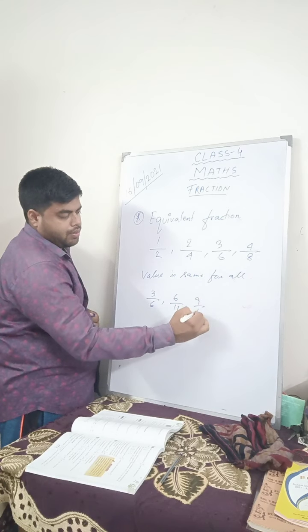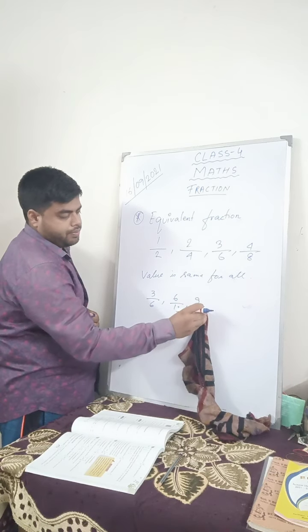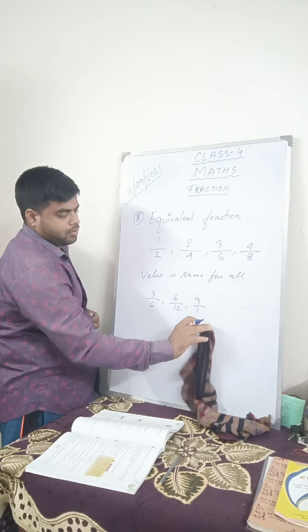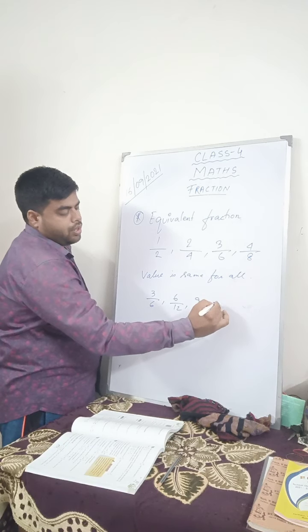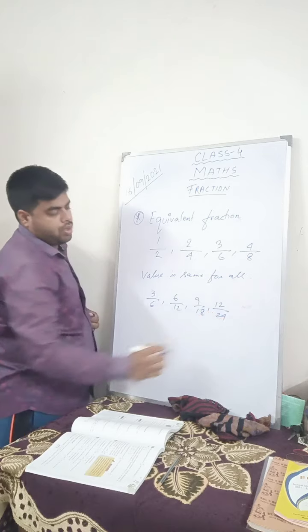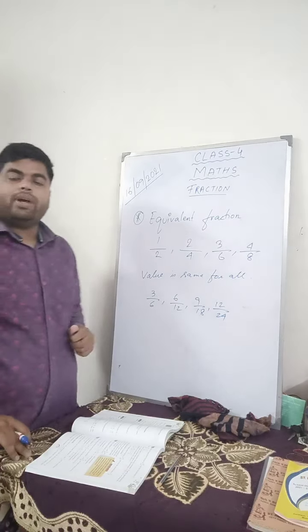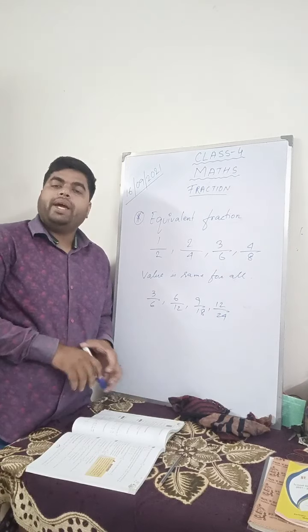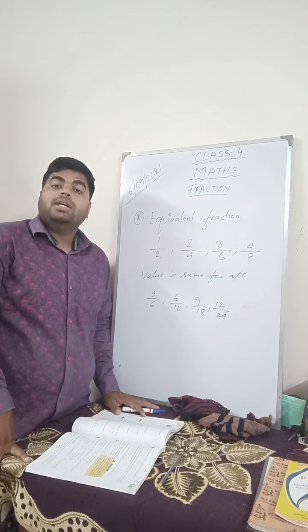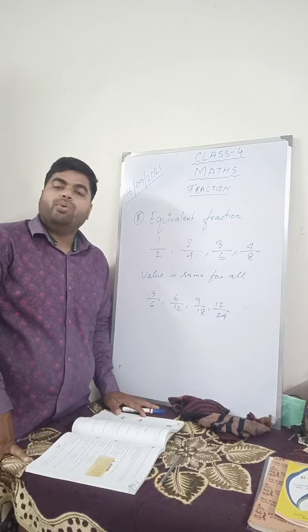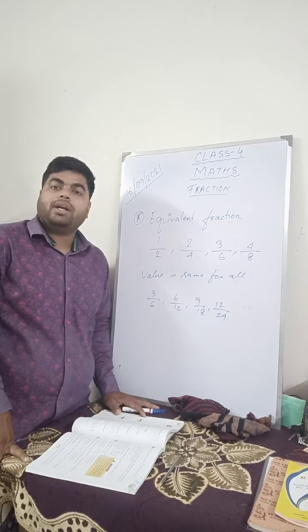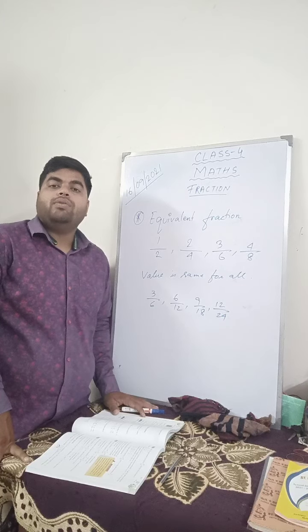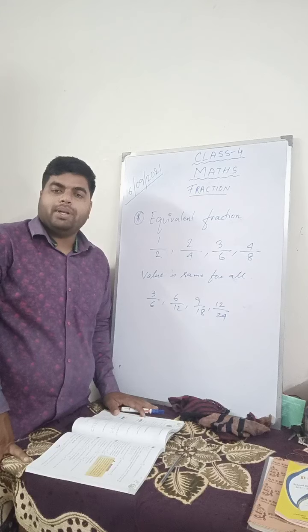Then you have 9 by 18, then 12 by 24. So these are all equivalent fractions. They are the same. So remember, to make an equivalent fraction, you have to multiply both the numerator and the denominator by the same number. And if you want to divide, you have to divide by the same number.